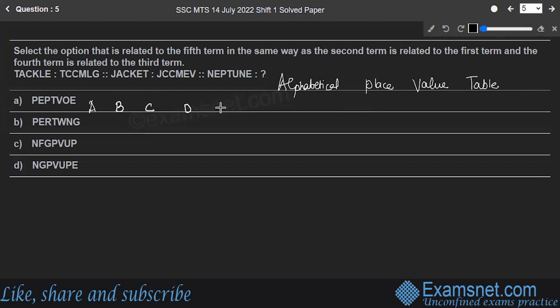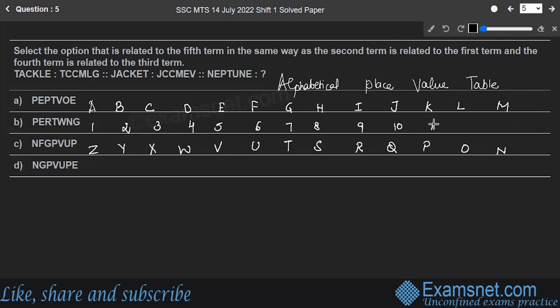A, B, C, D, E, F, G, H, I, J, K, L, M, N, O, P, Q, R, S, T, U, V, W, X, Y, and Z. Let's number them 1, 2, 3, 4, 5, 6, 7, 8, 9, 10, 11, 12, 13, 14, 15, 16, 17, 18, 19, 20, 21, 22, 23, 24, 25, and 26.